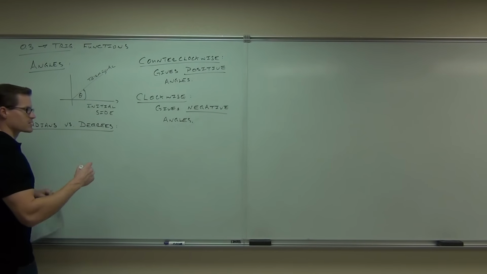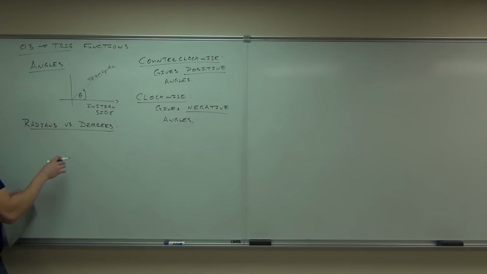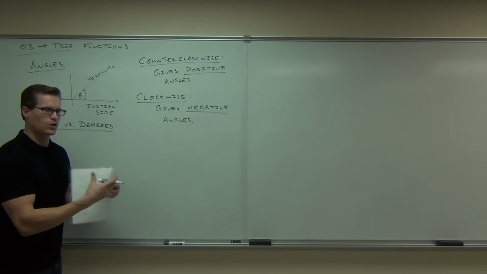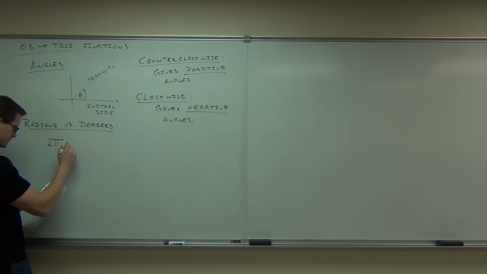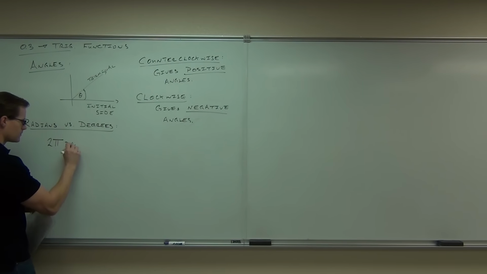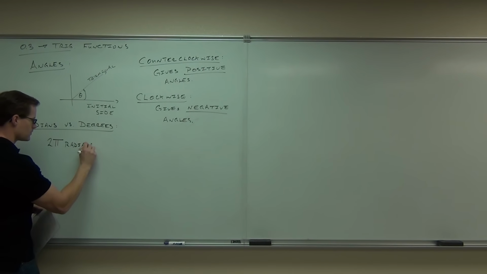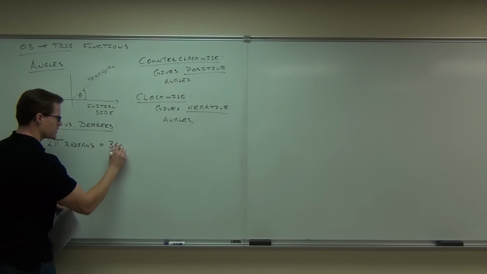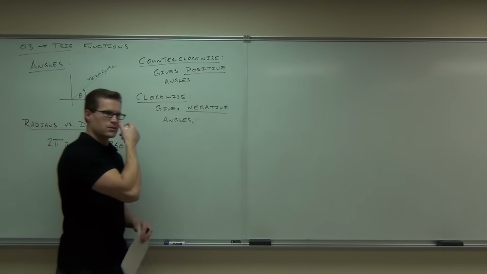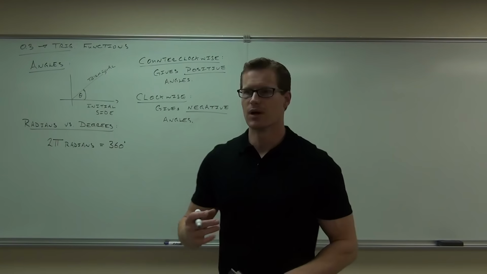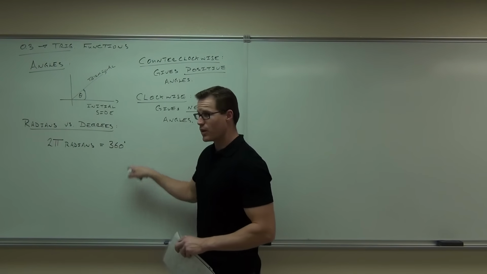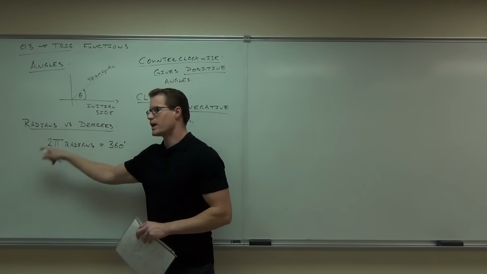If you're not familiar with this, how our radians and our degrees are connected is with this equation: 2 pi radians equals 360 degrees. The reason why we say they're equal is that those are both ways you can represent a circle. So this represents all the measurements degree-wise of a circle, and so does this for radians of a circle.